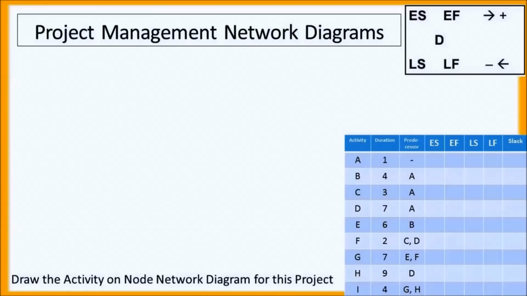On the exam, you will be given several different diagrams and you will have to select the one that represents this particular project. The best way to do these problems is to just draw out the network diagram yourself and then match it up with the ones that are presented to you in the multiple choice format. So take a pause on the video and work on creating this project management network diagram, and then I'll come back and draw it along with you.